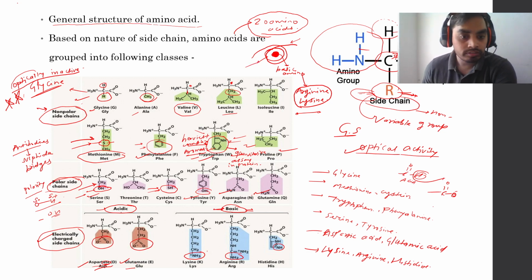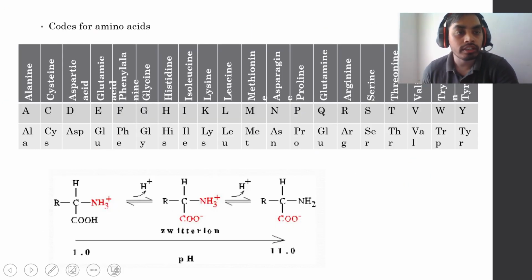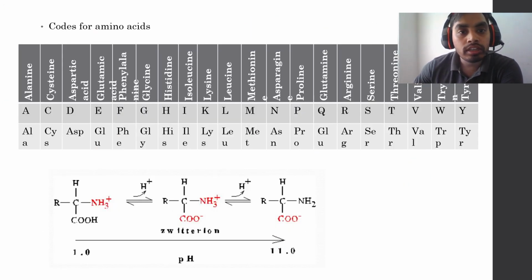And next, move on to the next topic. Okay, so now as you see, the names of amino acids are quite difficult to remember, and they will also occupy space. If you want to write a sequence of amino acids, it will take much space.